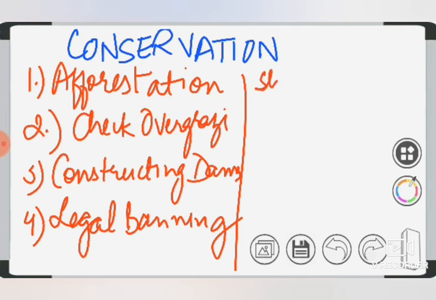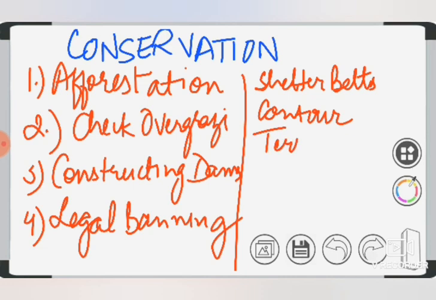Shelter belts to check the wind. Then contour plowing, terrace farming. In hilly areas, these things are preferred. Strip cropping is preferred, strips of crops are grown.